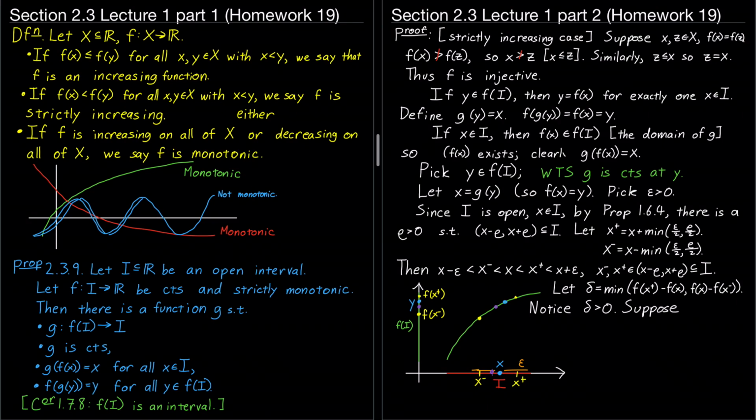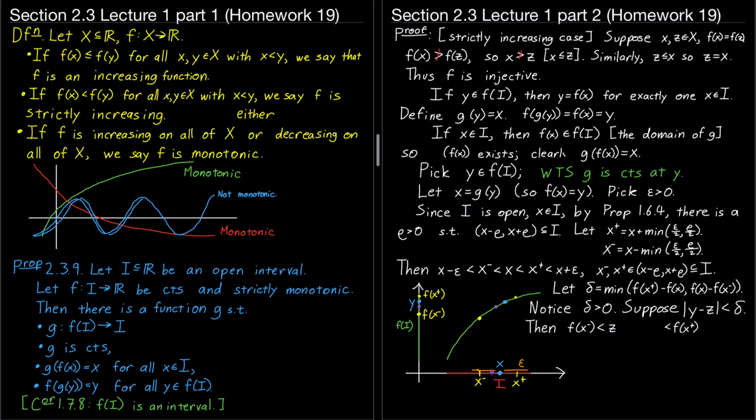So y minus z absolute value is less than delta. And then you can check z is between y minus delta and y plus delta. Y is the same as f of x, so we can write f of x minus is less than z is less than f of x plus.